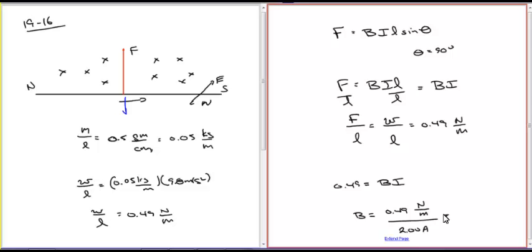So 0.49 divided by 2 is 0.245. The units for magnetic field are Tesla. So the answer is 0.245 Tesla into the board, which will give you an upward force equal to the weight of the wire.